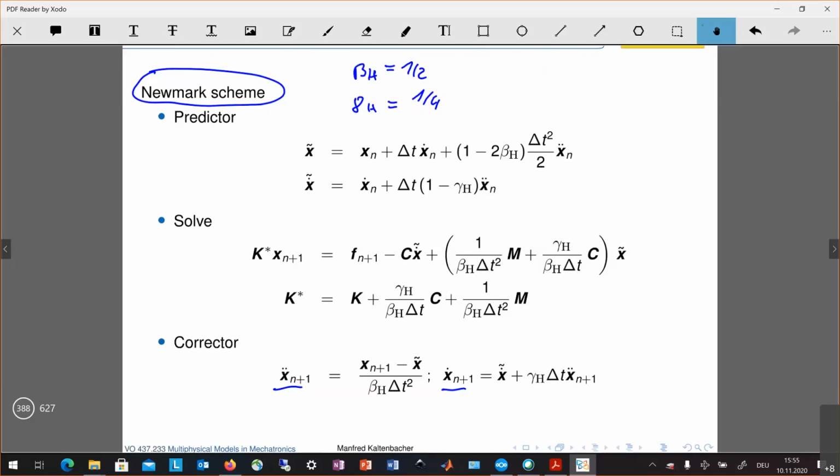We have just a second order system of ordinary differential equations, and here the optimal scheme to be used is this Newmark scheme, which gives you at the end then an algebraic system of equations you have to solve for each time step of interest.